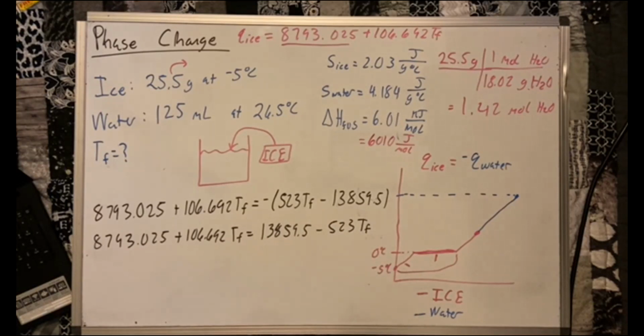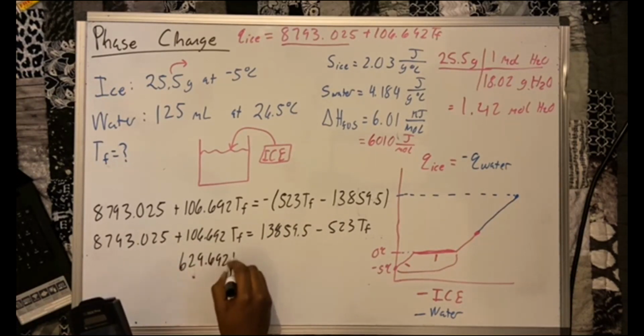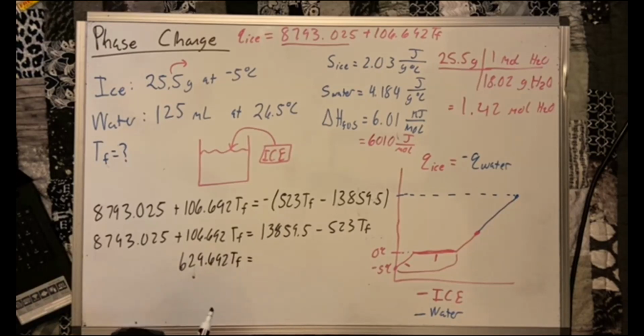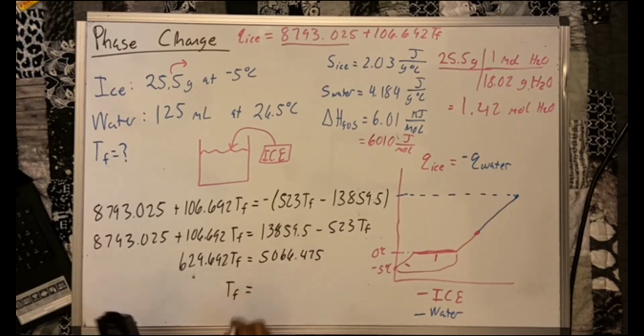Adding the TF terms, I get 6,929.692 TF equals 5066.475, and then TF is 8.05.